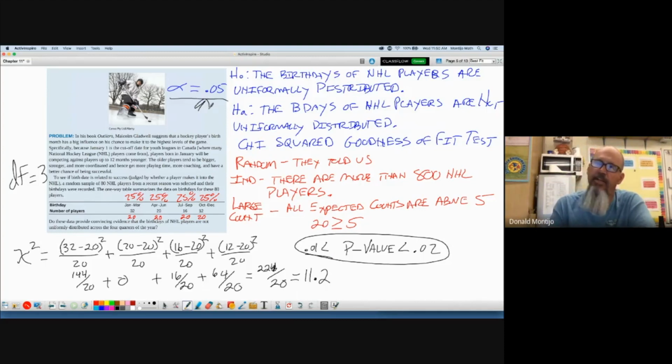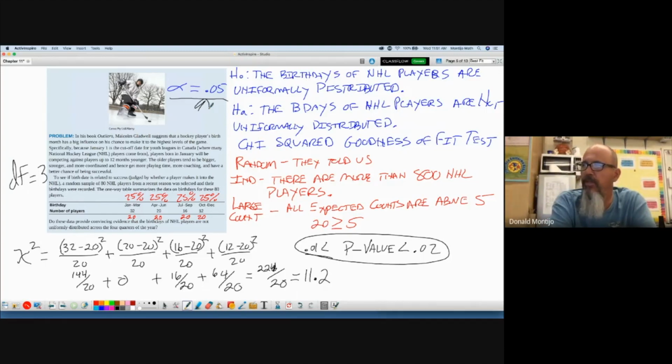So I didn't write the conclusion out, which I probably should. That's probably the most important thing. Okay? Because the p-value is less than the alpha level, we reject the null. The data is statistically significant. We do have convincing evidence that the birthdays of NHL players are not uniformly distributed across the 4 quarters of the year.